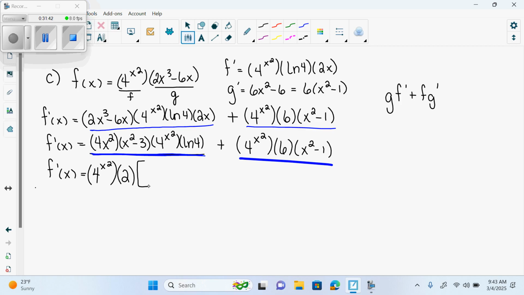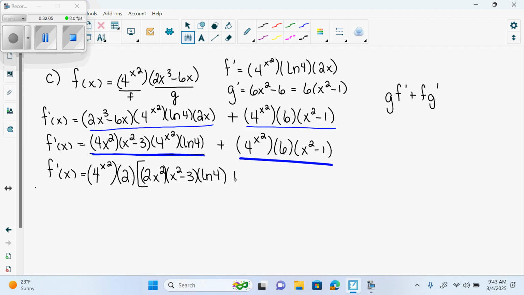So in this first blue, when I take out the 4 to the x squared and the 2, what am I left with? 2x squared, yeah. And then the x squared minus 3 stays, and the ln 4. Right?